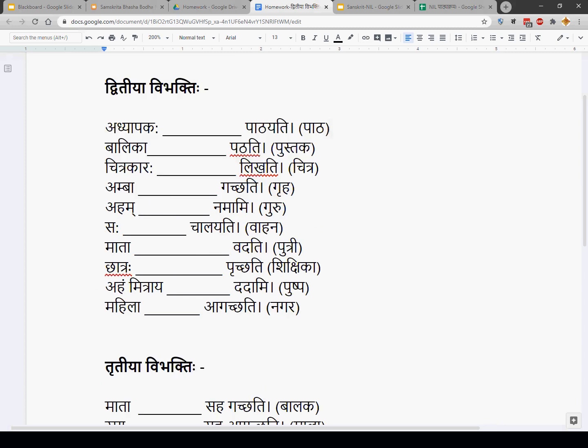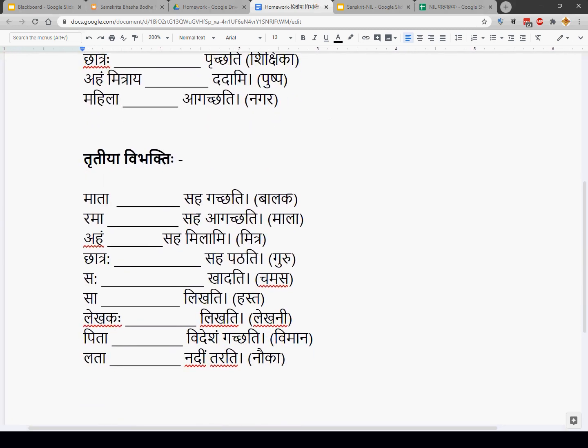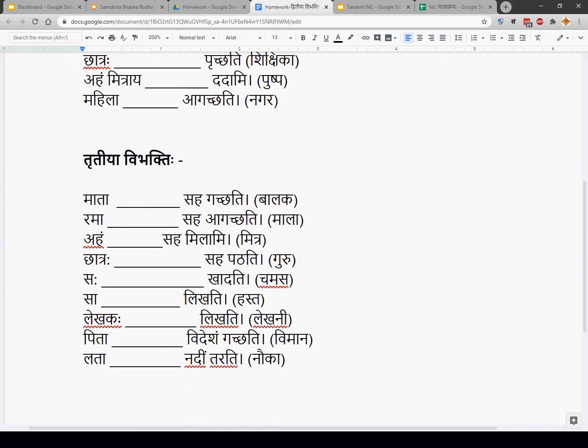Now the next section here, Tritiya Vibhakti. Let's start from this fourth sentence. Here we have Saha Khadati. Khadati is a Kriyapadam, or verb.